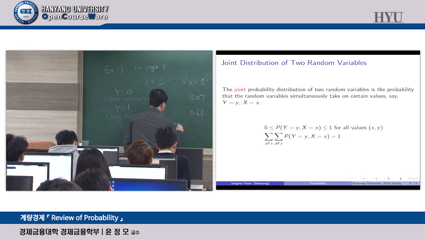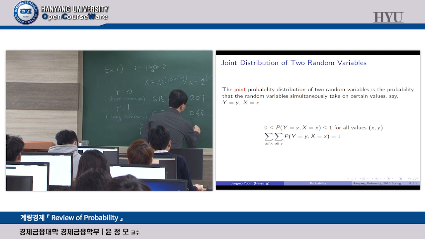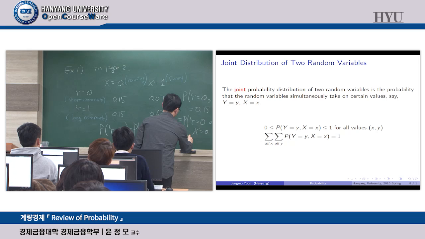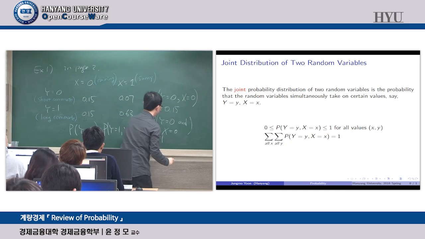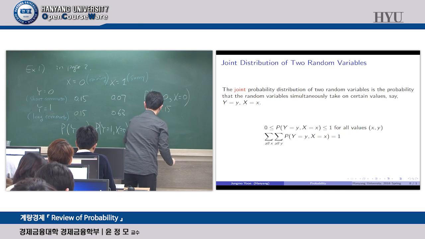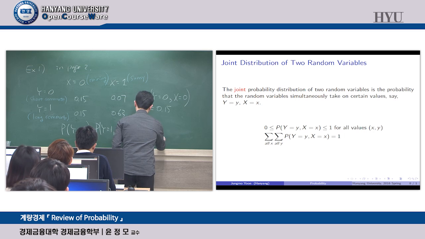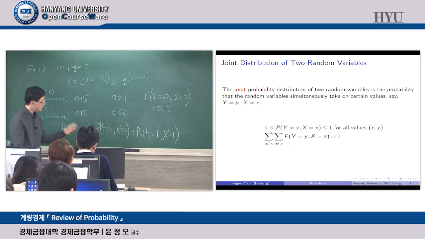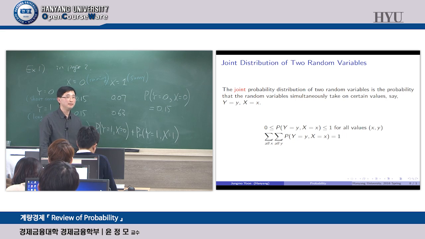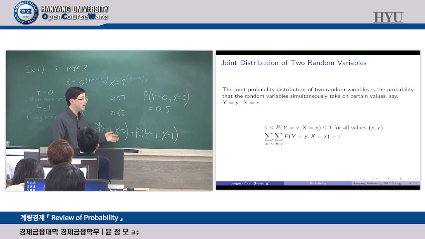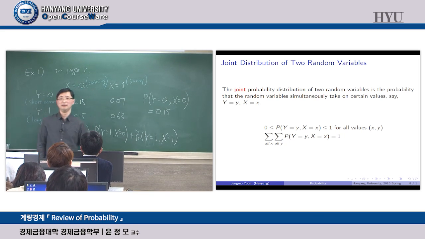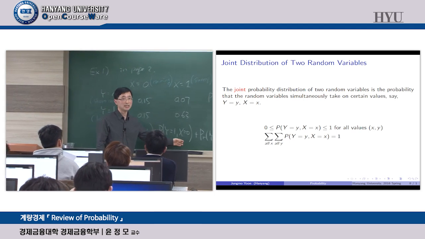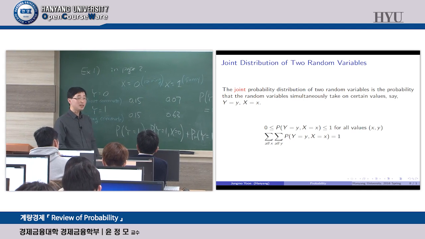So as long as y is equal to 1, no matter what happened to x, I'd like to add them up. That's how you get the marginal probability, because we don't care about x. That's the rule.